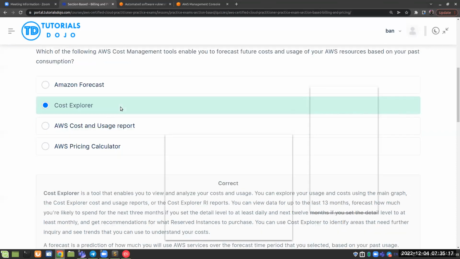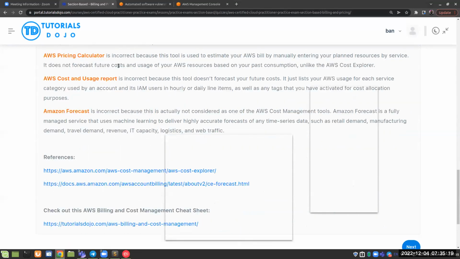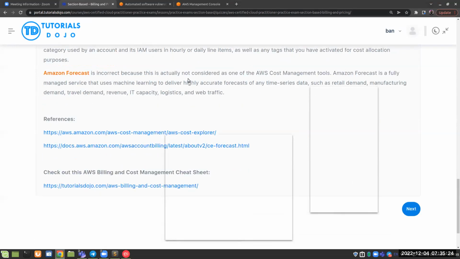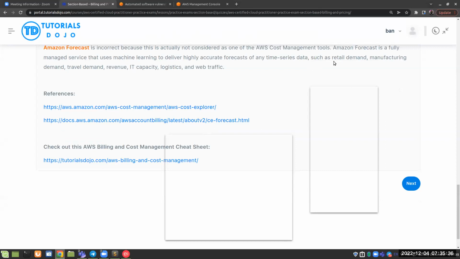Amazon Forecast, I'm not sure there's a service like that. Let's see. Okay, Amazon Forecast is a managed service that uses machine learning to deliver highly accurate forecasts of any time series data, such as retail demand, manufacturing demand, travel demand, revenue, IT capacity, logistics, and web traffic.